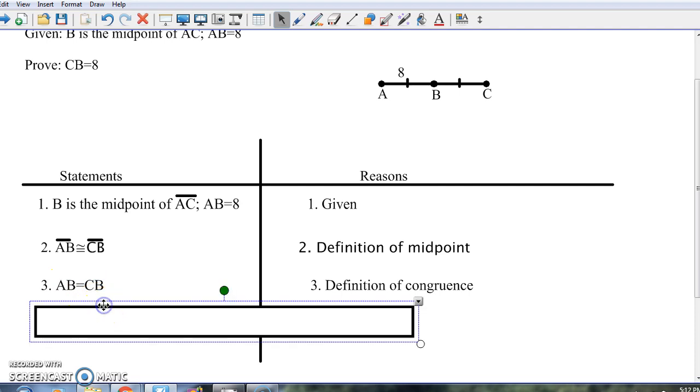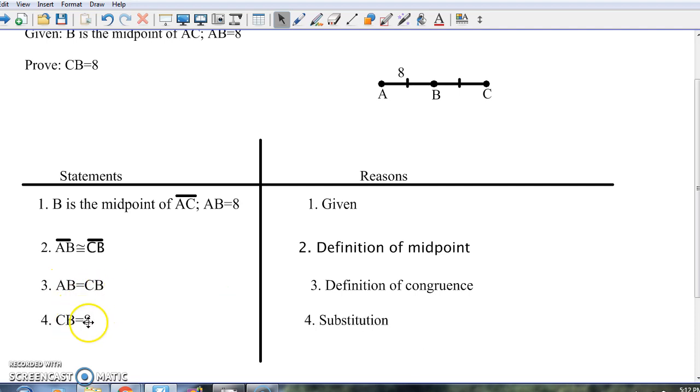So that's the last thing I'm doing: I'm saying that CB equals 8, and that's because I'm using substitution. I opened with what they provided me, which is the given. My last statement, like I said before, should be whatever you're trying to prove, and I used a logical flow of statements in order to get to my reason.